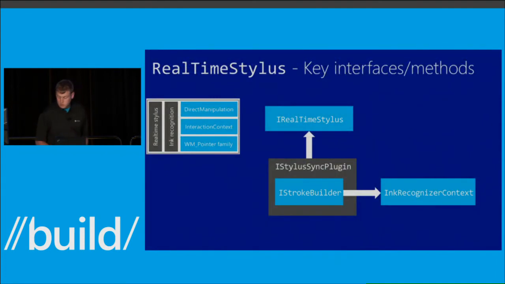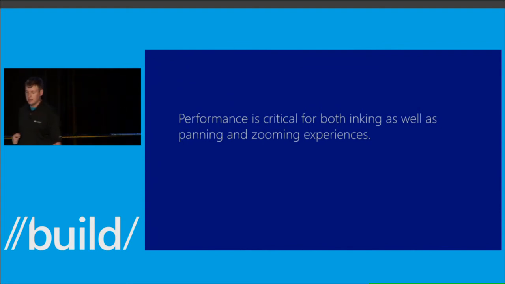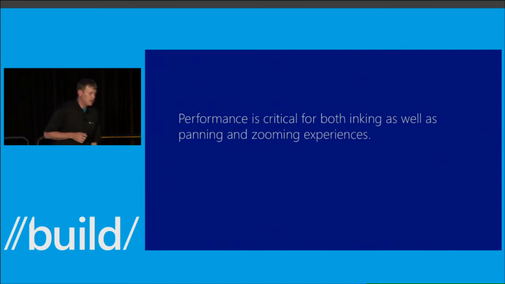So let's go back to the deck now. As we've talked today, I hope you've noticed that when I've been speaking about panning and zooming and now ink, I've talked a lot about latency. Performance is absolutely critical to these two experiences. Under the covers, both direct manipulation and the real-time stylus APIs are using the same feature to get input off of the UI thread.